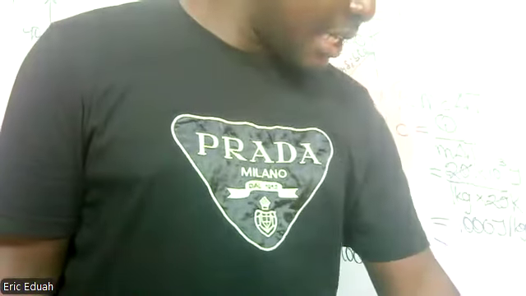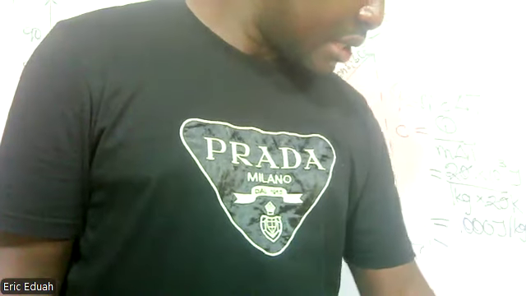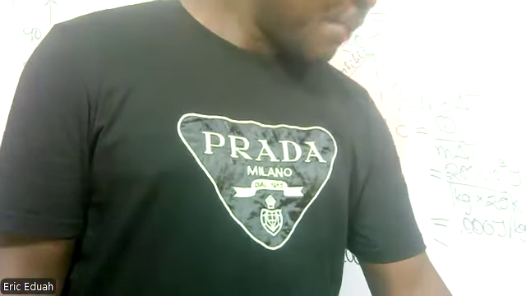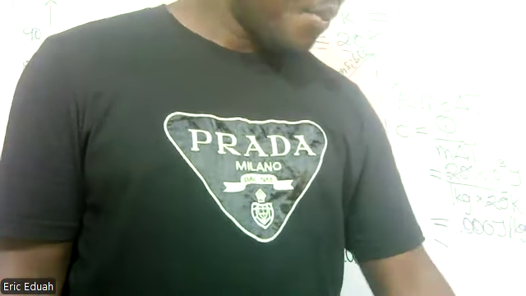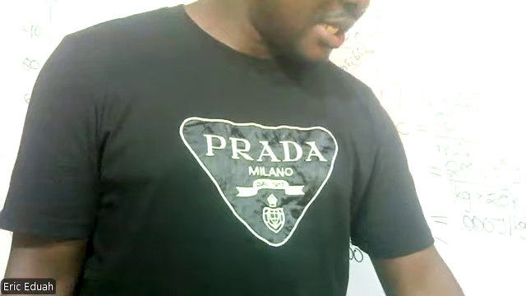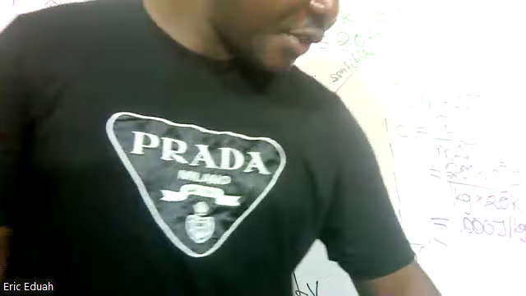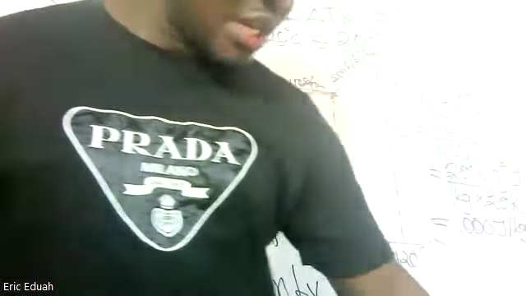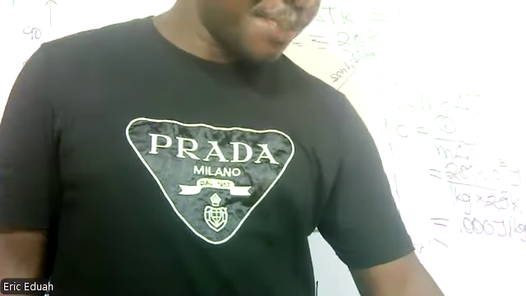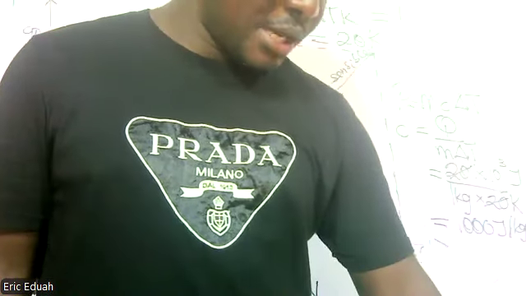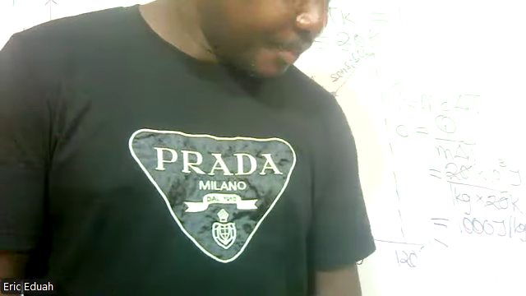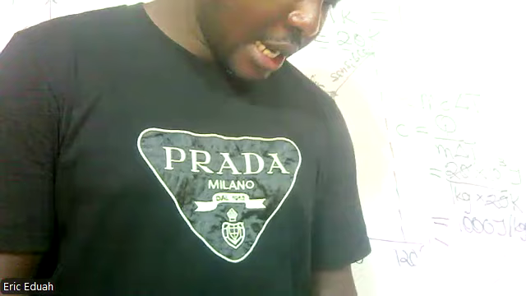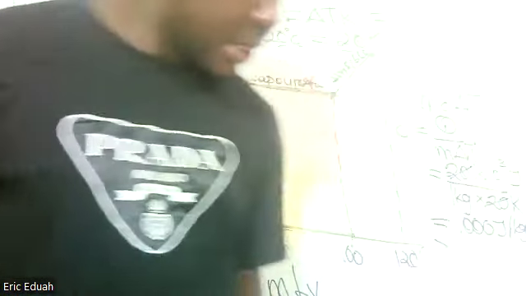Then the specific heat of vaporization of the substance. They have written that as heat of vaporization, but looking at the units, kilojoules per kilogram, it is clear it is specific. Then lastly, we have questions 86 to 91.